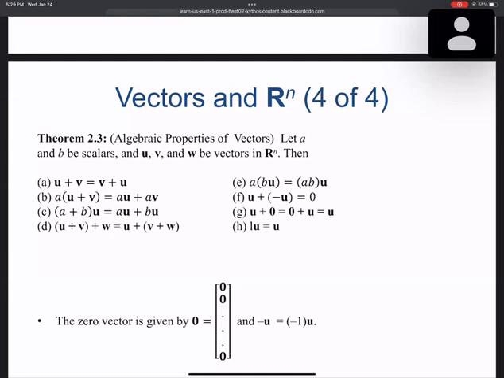So for example, property A says it is the same thing to change the order of the sum. That's good. Now you can distribute. That's the distribution we like to do when we eliminate parentheses in real numbers. So all this is coming from the real numbers. A plus B times U can also be distributed like that. But notice, this is the really important thing.